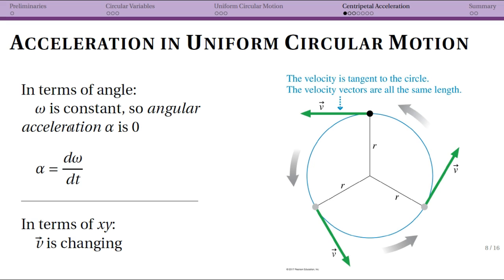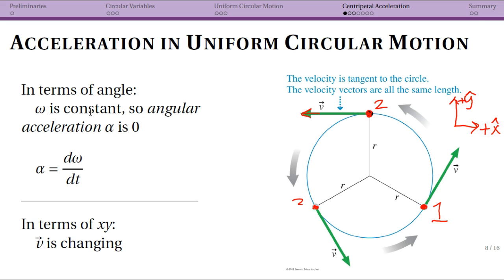But what if we think in terms of x, y? If I come over here and look at 3 points, at this first point, I see that my velocity is pointing kind of in the positive x-hat direction and also in the positive y-hat direction. But then at this later moment, I see that my velocity is pointed in the negative x-hat direction.